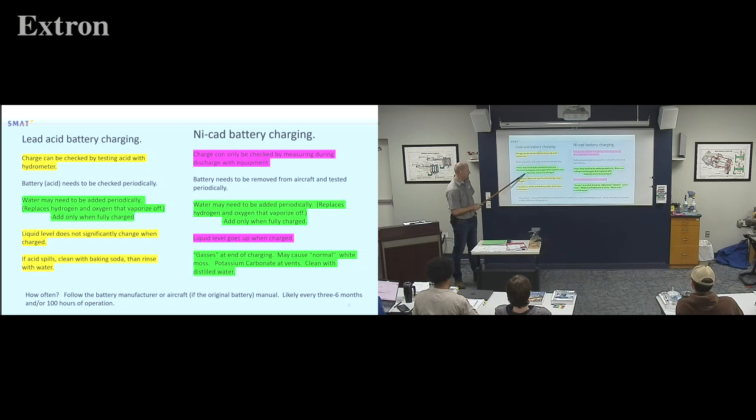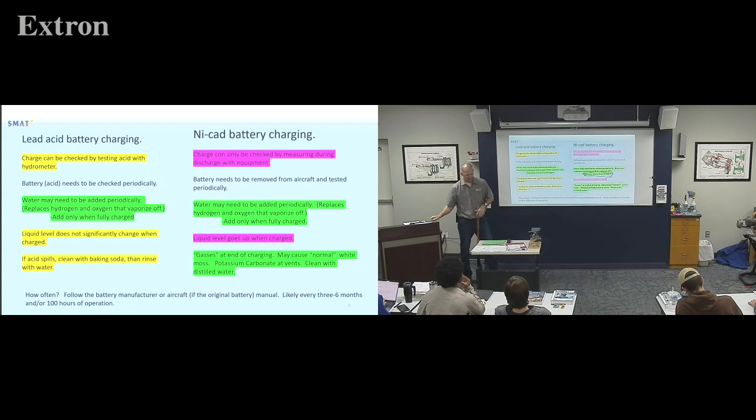Only add when fully charged. This one is funny because it says only add when fully charged. I'm gonna say, make sure you read the instruction on there. It might give you a different level on fully charged versus not. I'm a little skeptical of who wrote this one here.